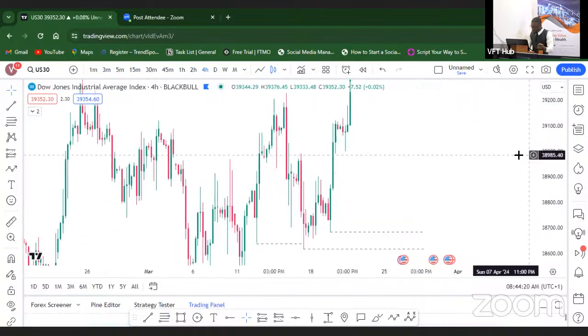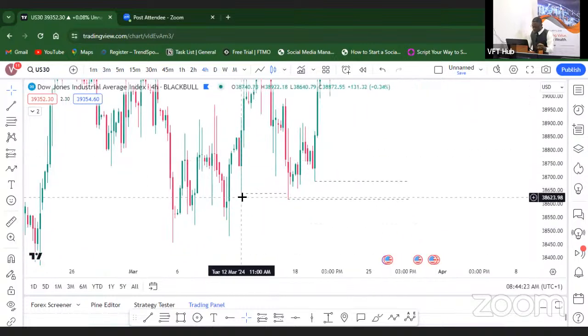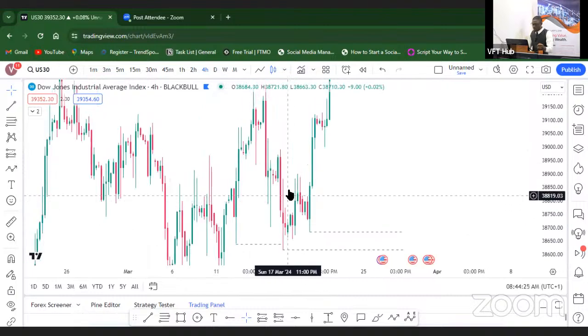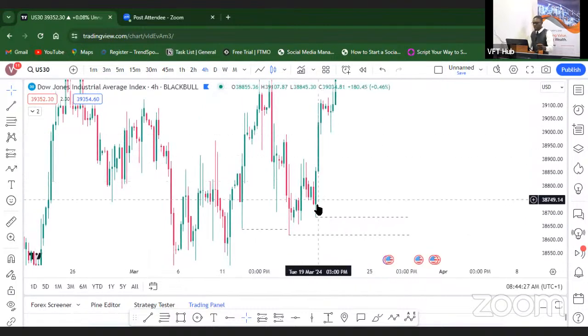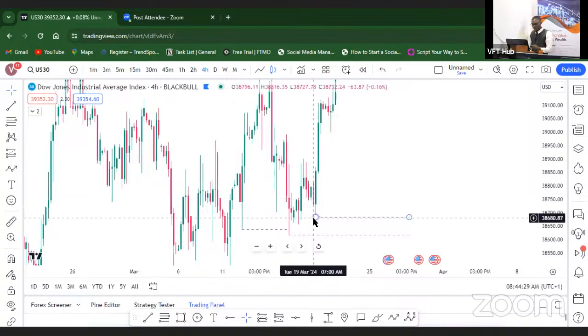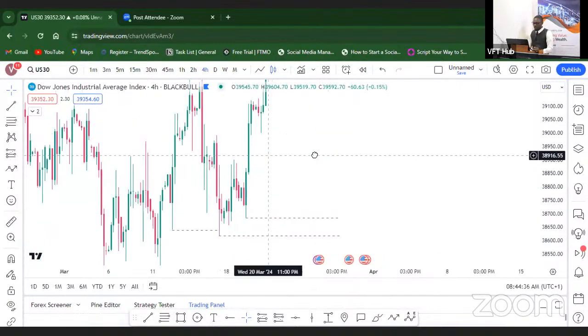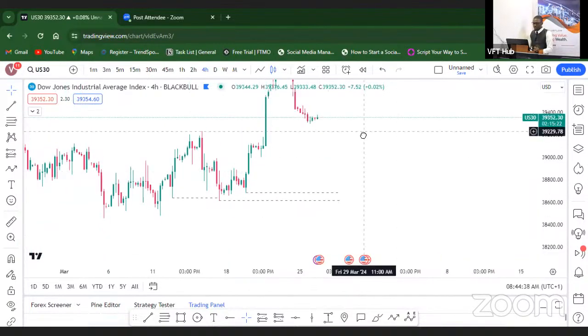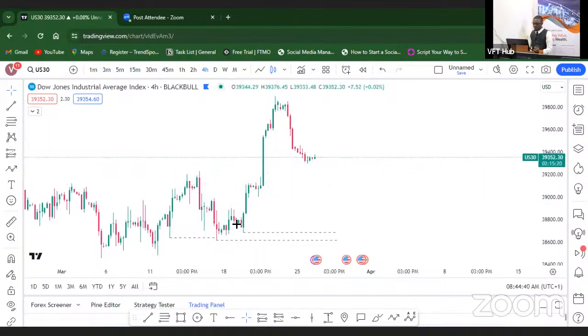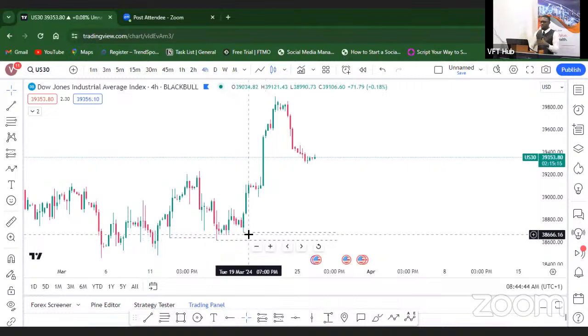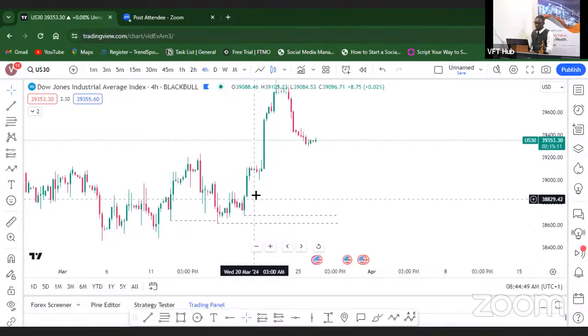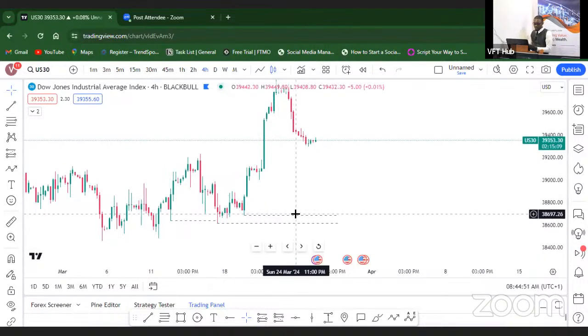Price swept through this first liquidity point, and before it continued to the upside, created a lower high, and then price pushed to the upside. So what are we expecting price to do? When you flip this entire swing, it should be lining up around the 88.6 fib level, right? So that's under confluence.